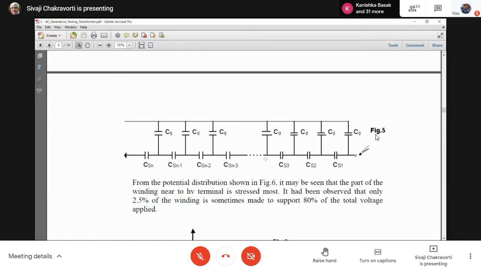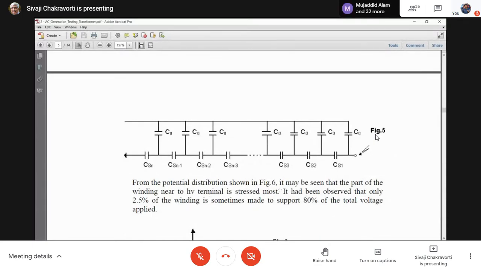If CG is absent, that means if CG is zero, then this reactance will be infinite and therefore no current will flow through the shunt capacitance, and naturally the voltage distribution will be linear. So if CG by CS is zero, the voltage distribution will be linear.